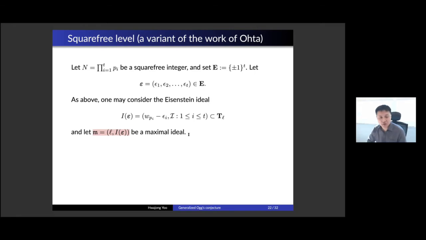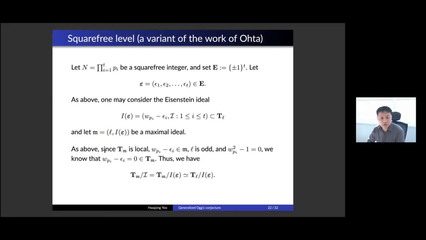So if this is the whole ring, then we don't need to consider it. And if it is a maximal ideal, then there needs to be some argument. So as above, since this ring is local and so on as before, you get that this element is actually 0 in this complete local ring. This is very important.